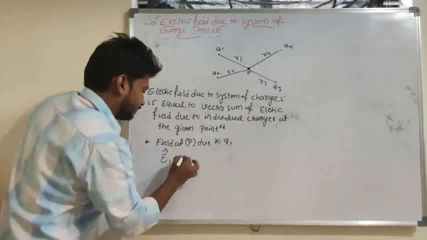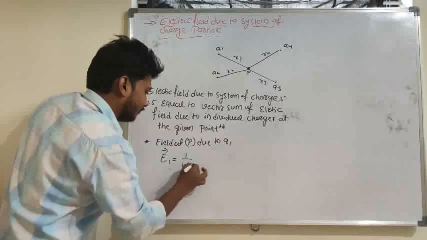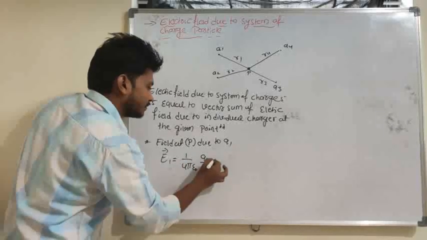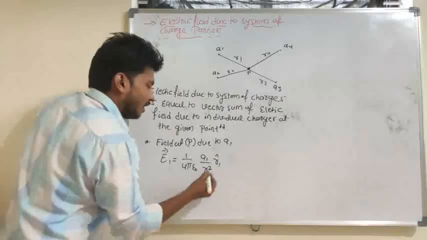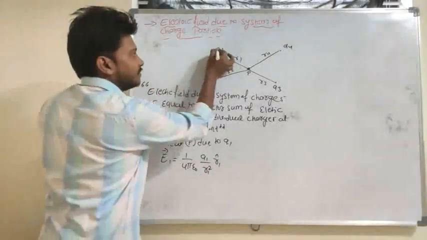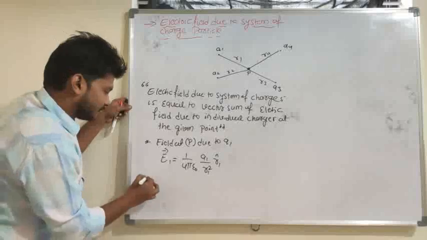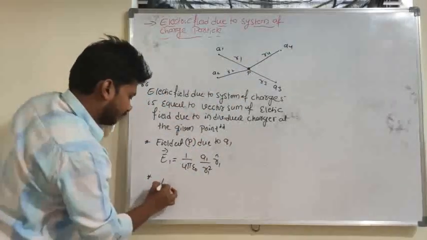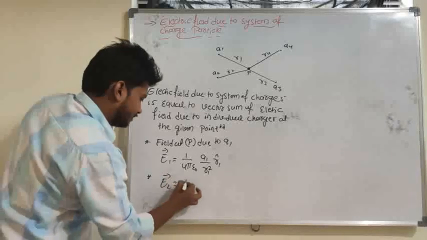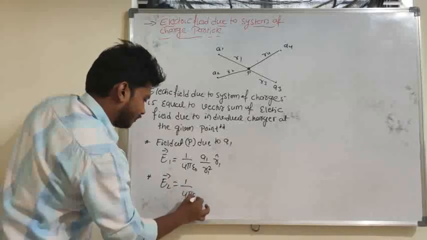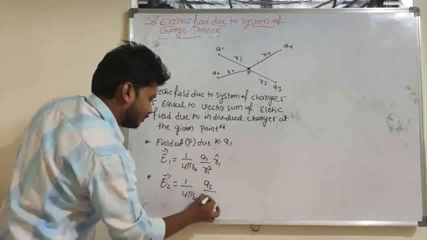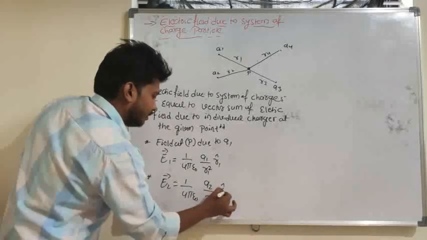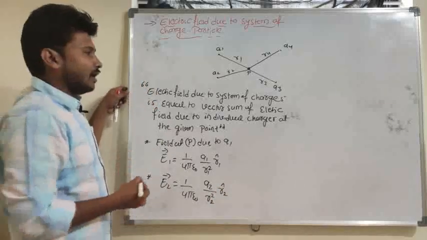E1 is equal to 1 by 4 pi epsilon naught, Q1 by R1 square, into R1 cap, where R1 is the distance between Q1 and point P. Similarly, the field at point P due to Q2: E2 is equal to 1 by 4 pi epsilon naught, Q2 by R2 square, into R2 cap.